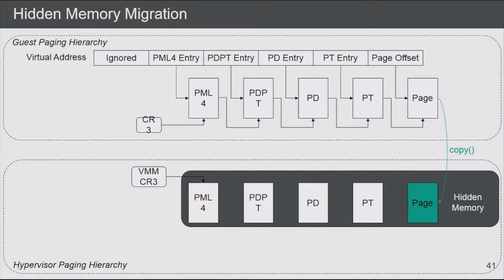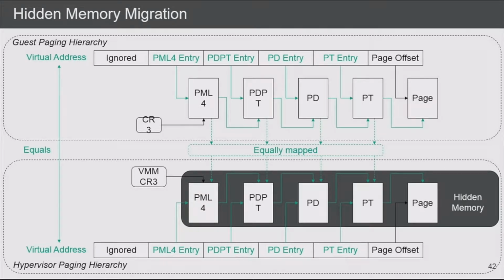And because code pages often contain relative addressing like jumps or branches or all kinds of stuff, we either had to relocate the page's code, or what we did is simply map it the same way as it's done in the guest. So it has the same virtual address by simply mapping it the same way in our own hypervisor's page tables.